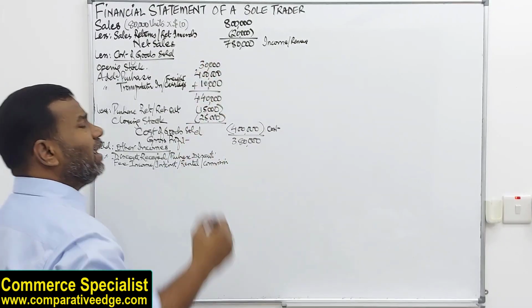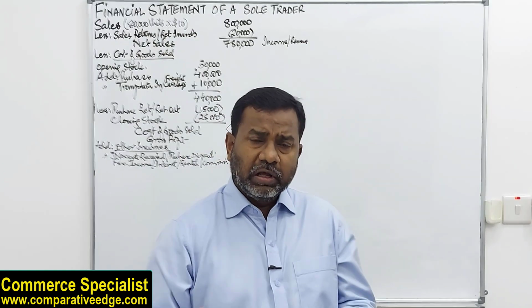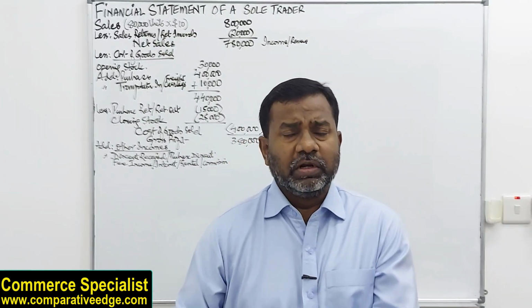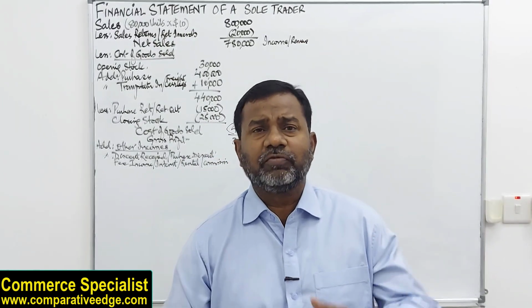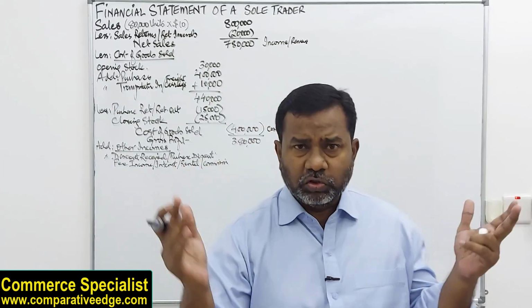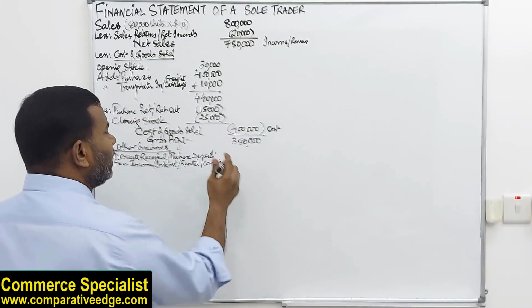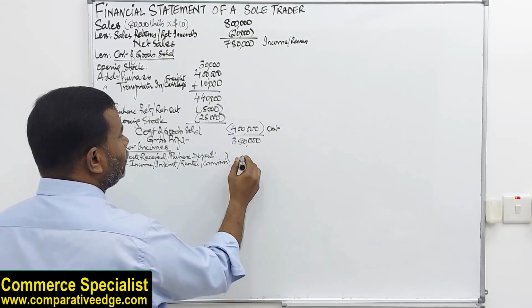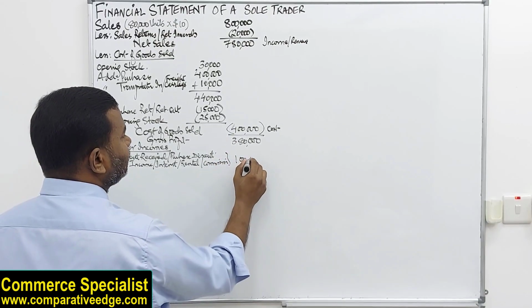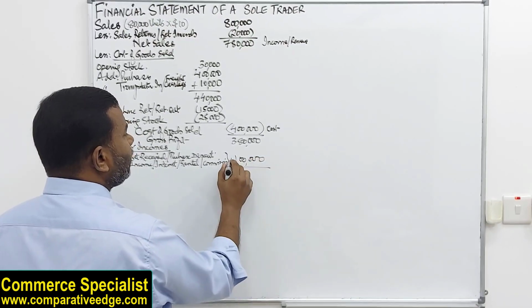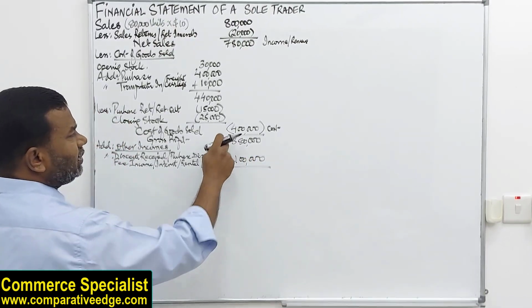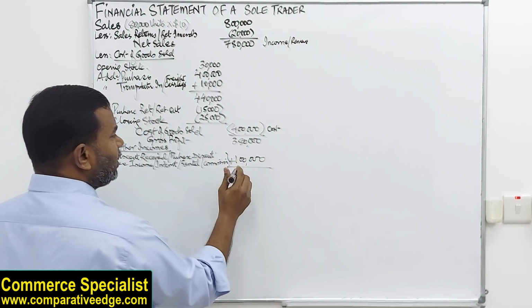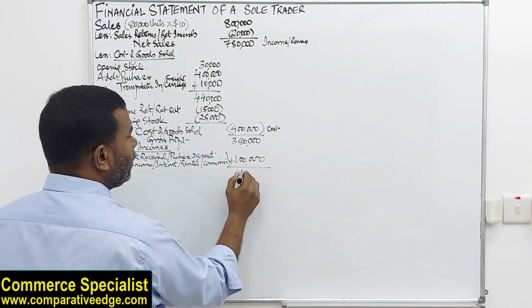So apart from buying and selling calculators, I may have some other source of income. It could be rental income, interest income, fee income, commission income, and so on. So I'm assuming all these other incomes add up to, let's say, 100,000. So 380,000 gross profit from selling calculators, other sources of income is 100,000. I have a total of 480,000.